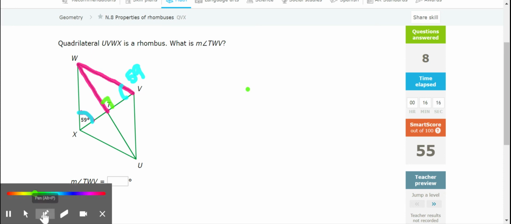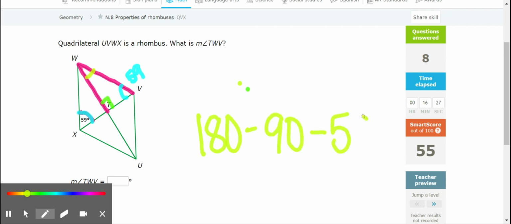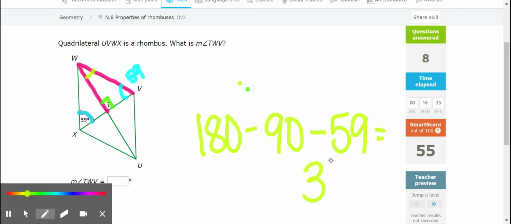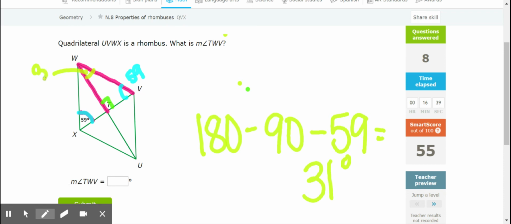So if I'm just looking for this little last piece right here, I'm just going to take 180 minus that 90-degree angle minus 59, and that gives me 31 degrees. So that means that this little piece right here is 31.